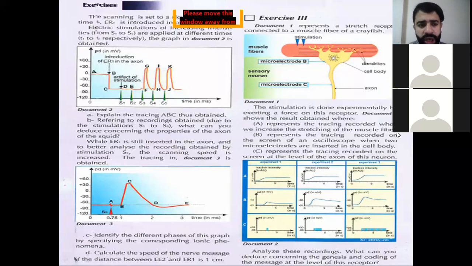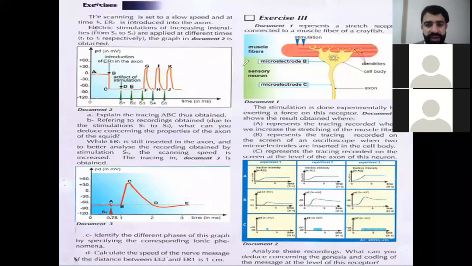While ER1 is still inserted in the axon, to better analyze the recording obtained by stimulation S5, the scanning speed is increased, and the tracing in document 3 is obtained. They ask us to identify the different phases of this graph by specifying the corresponding ionic phenomena.